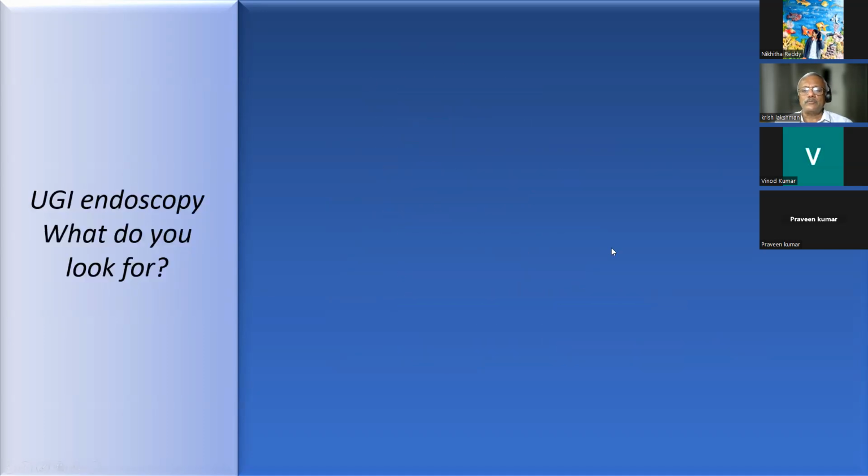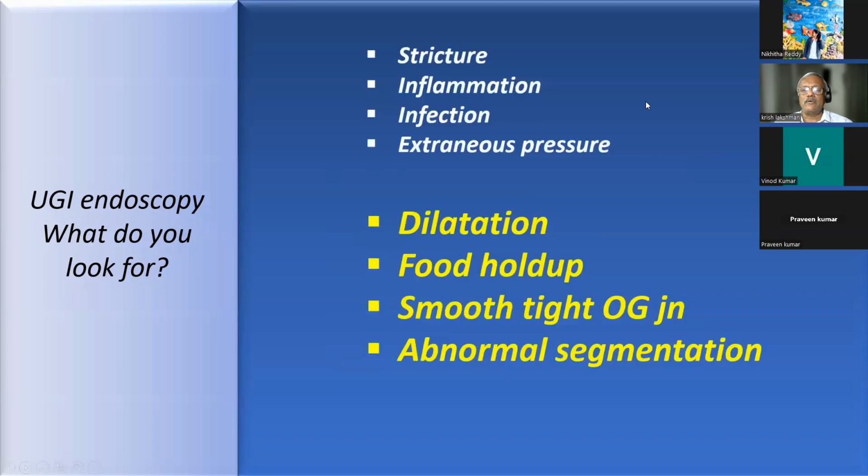Okay. So if you have secondary causes, as I said, you will expect a stricture, an inflammation, or an infection, or an extraneous pressure. But we're talking about motility disorders today. So there, the findings that you expect are dilatation, food holdup, a smooth, tight OG junction, it's not ulcerated, there's no exophytic lesion, it is smooth, and you have an abnormal segmentation.